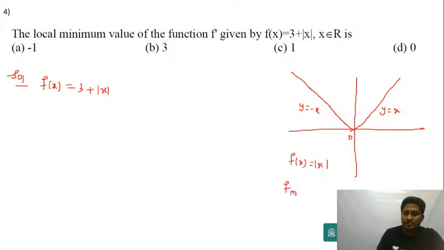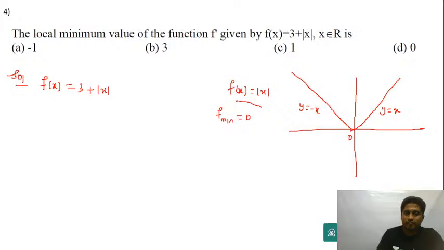F of x is equal to modulus of x. The minimum value of mod will be equal to 0. F minimum is equal to 0.